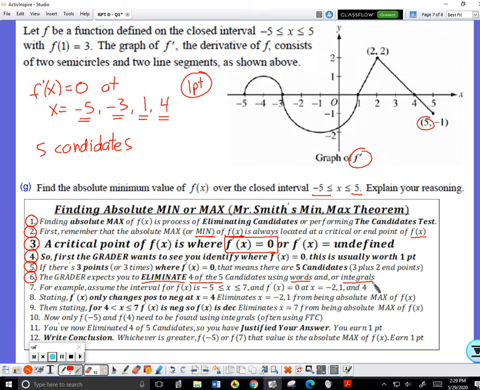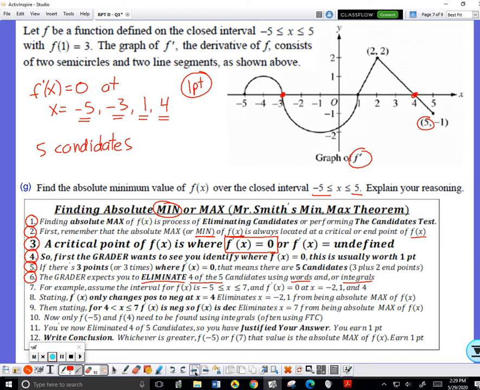So we're looking for the absolute min. So therefore, this spot, which is a relative max on f, and this spot, which is a relative max on f, I don't have to worry about those. So that helps. Let's copy this over. Let's do some words here and then it'll explain.